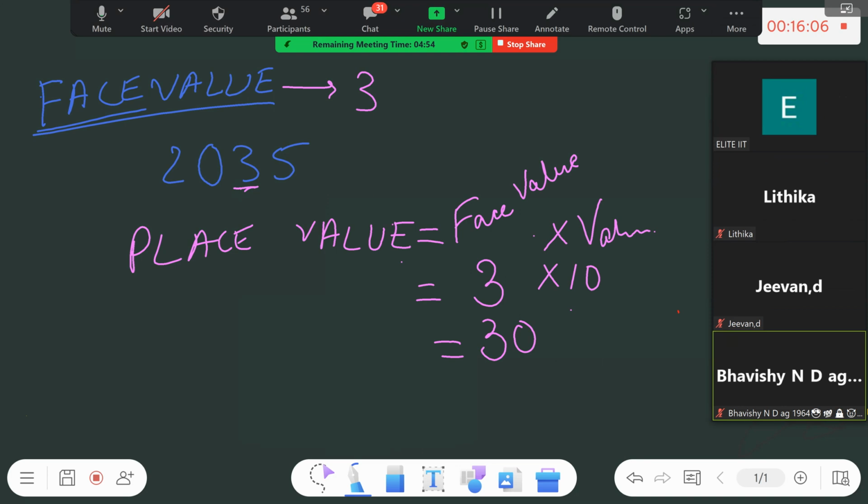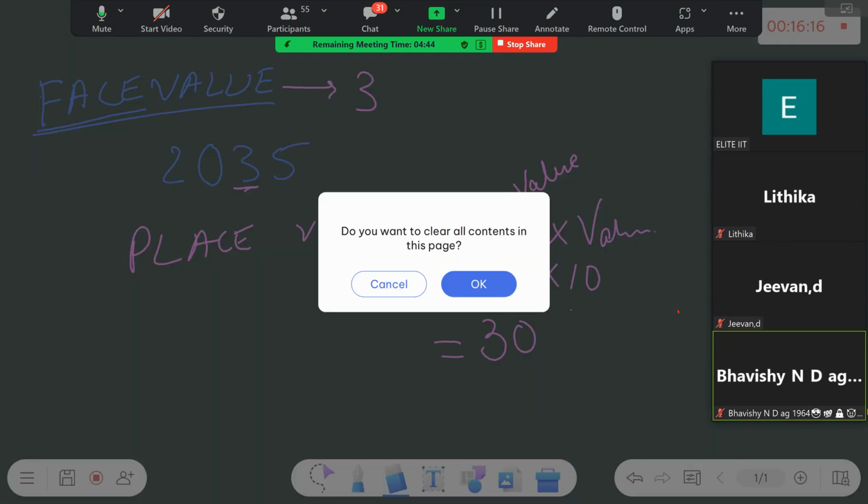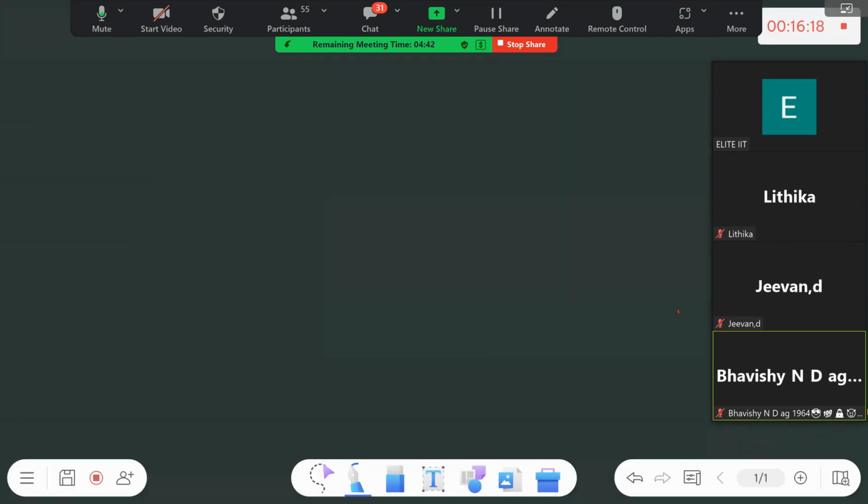Next, we have the successor and predecessor of a number. You know what successor and predecessor are? Successor is plus one, predecessor is minus one. Suppose you have the number 24891.